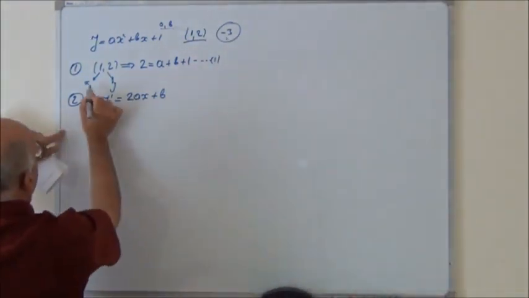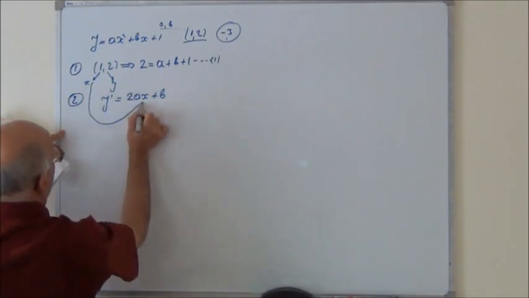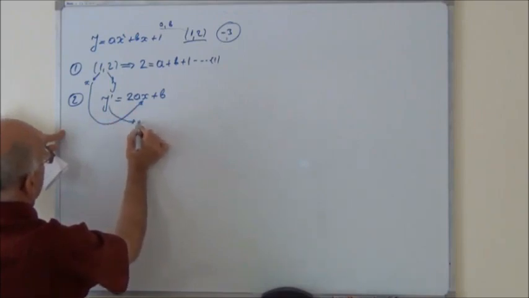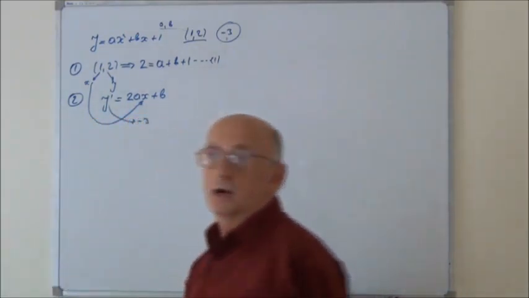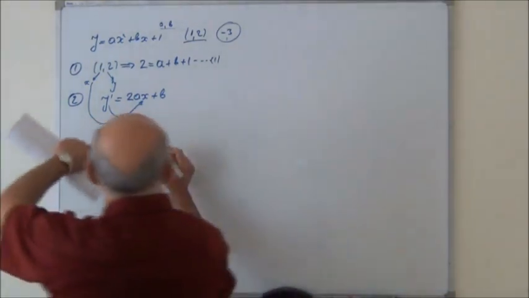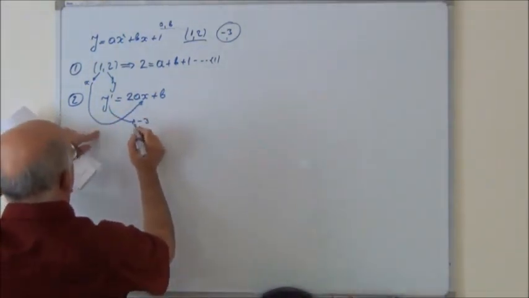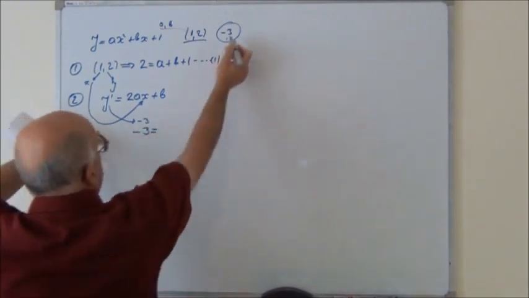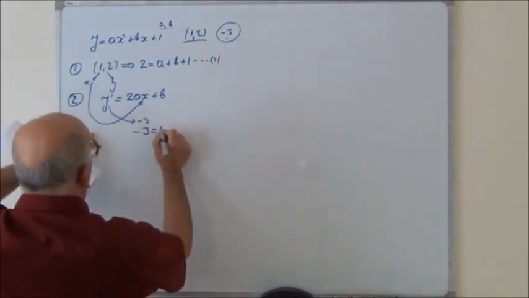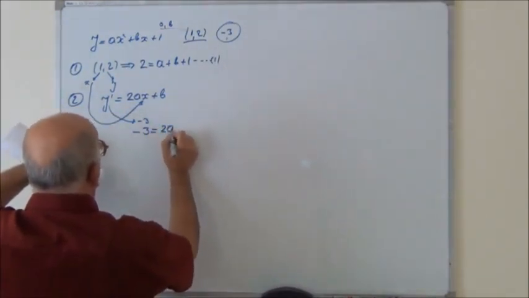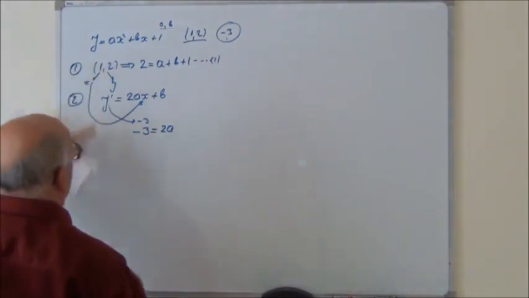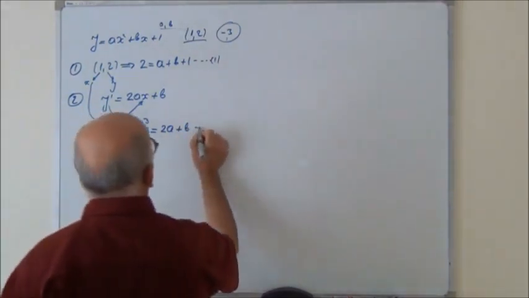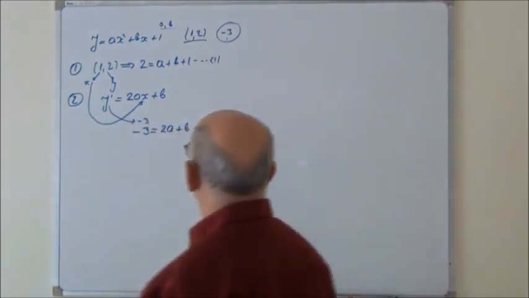Substituting 1 for x and minus 3 for y dash, we will form another equation. That equation will be minus 3 equals a multiplied by x, x is 1, plus b. So this is our second equation.